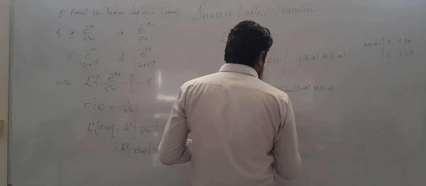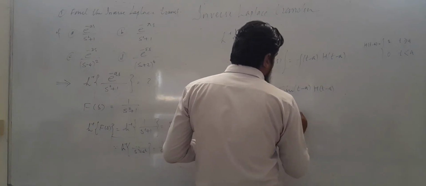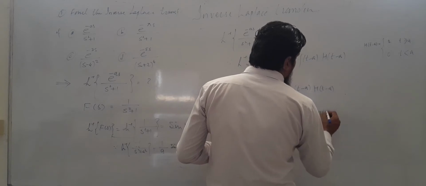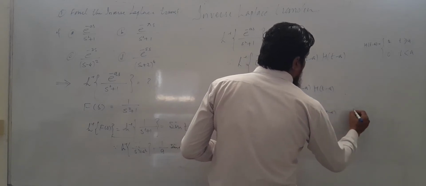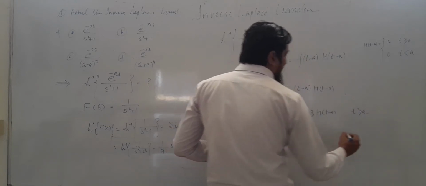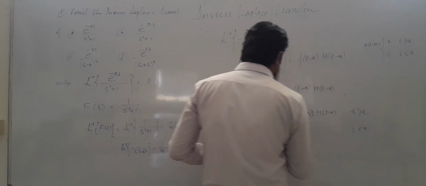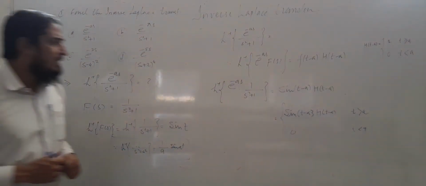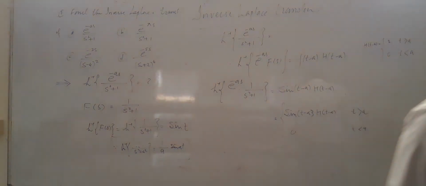Or we can write it also as sin (t minus a) whenever t is greater than a, 0 whenever t is less than a, and it is the required result for this example. Now we can find the second example easily by using the shifting theorem.